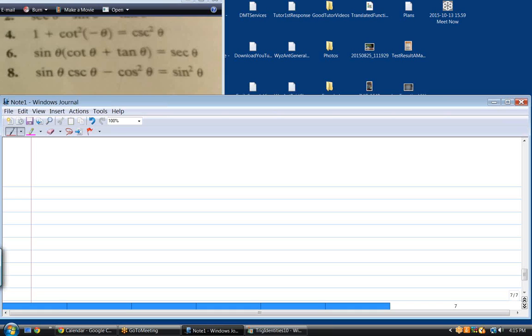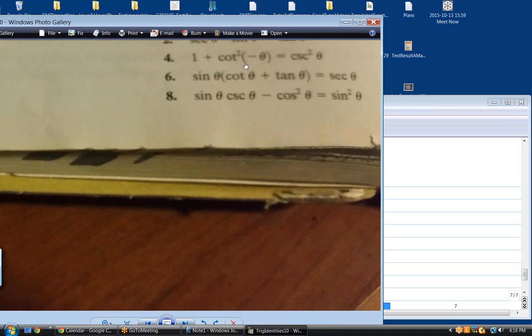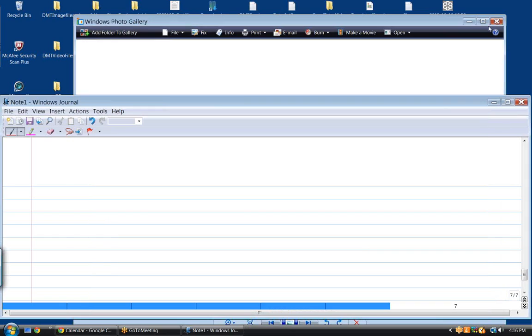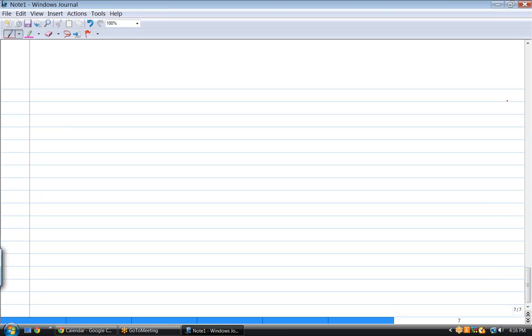Identities. Let's see, what did you start with here? Start with cosecant plus cosine. I don't see that in my book anywhere, but I've got plenty that we can do. And I don't think there's any particular magic in one set over another.